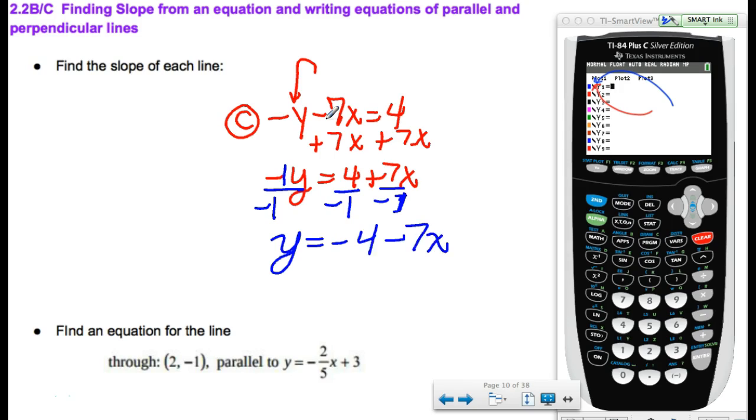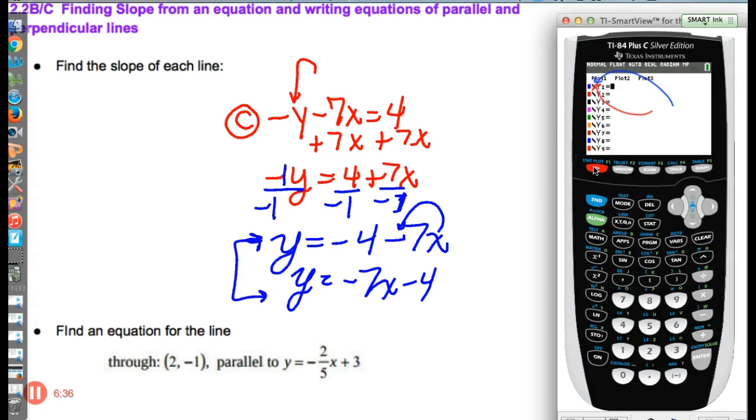What's the slope of this line? Negative 7. It's what's in front of the x. If I technically put it in slope-intercept form, it'd be negative 7x first, minus 4. These are equivalent expressions. So let's enter that on the calculator to see what it gives us when I graph it. You should at this point be able to predict what that's going to graph.